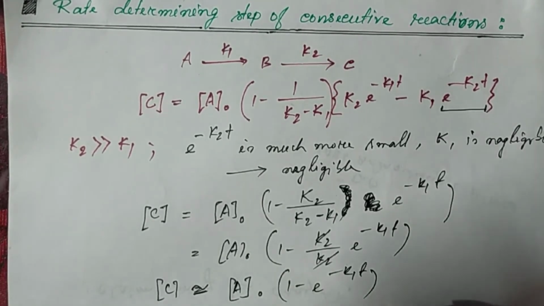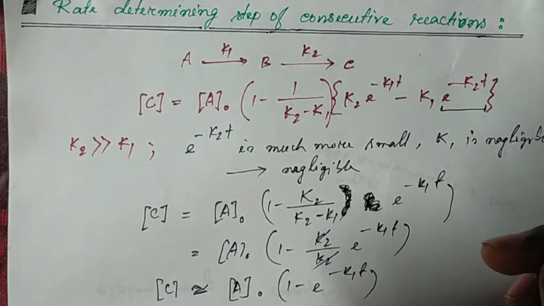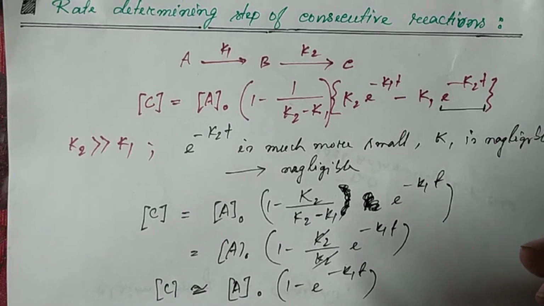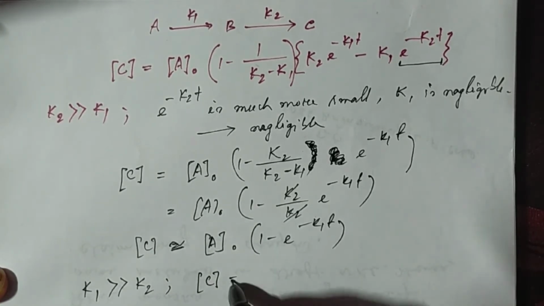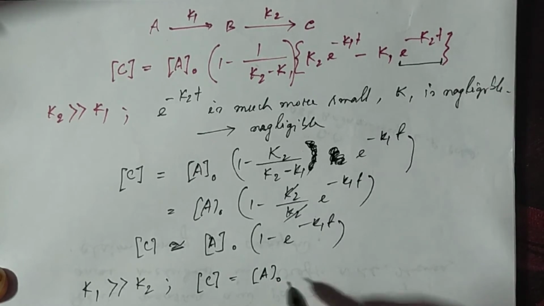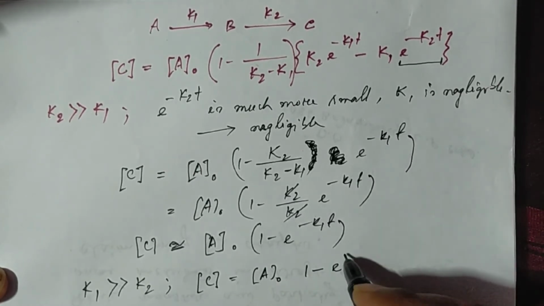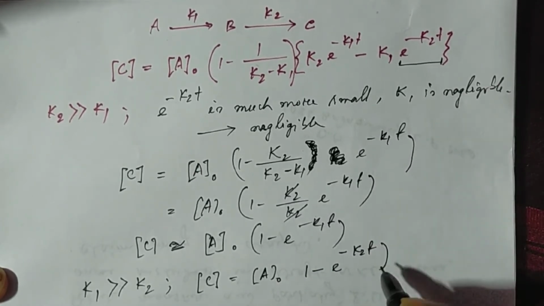So this equation quantitatively tells us that the moment B is formed from A, it is immediately transformed to C. Similarly, if K1 is much higher than K2, then we can directly write A naught times e to the power minus K2t.